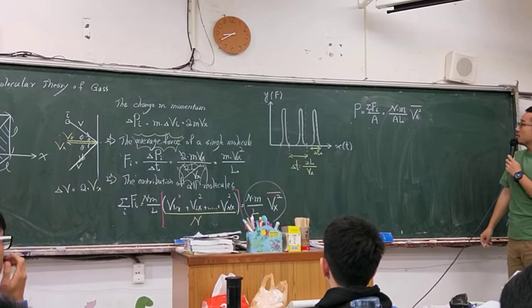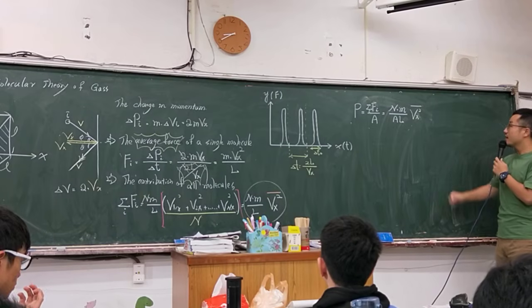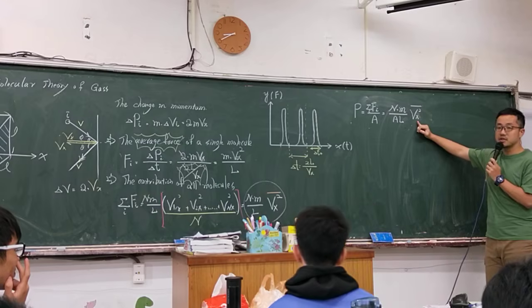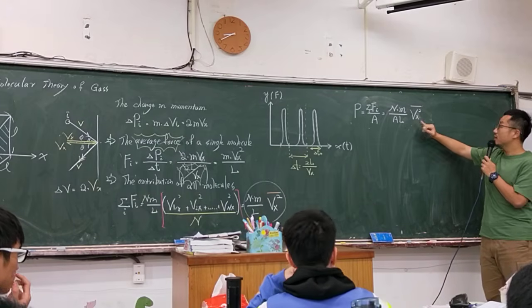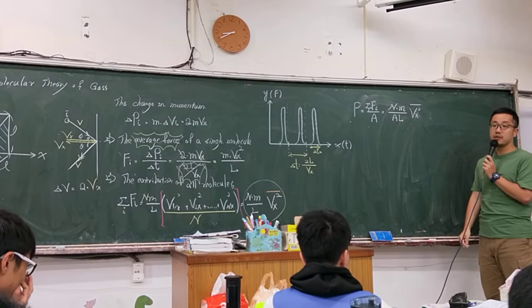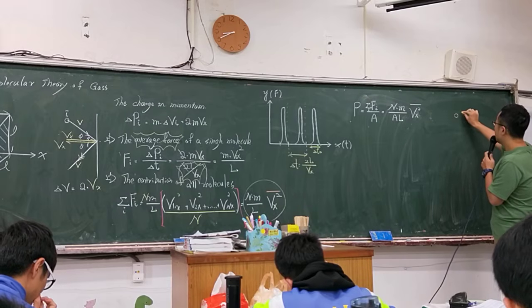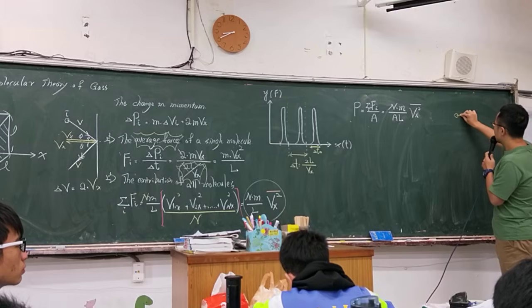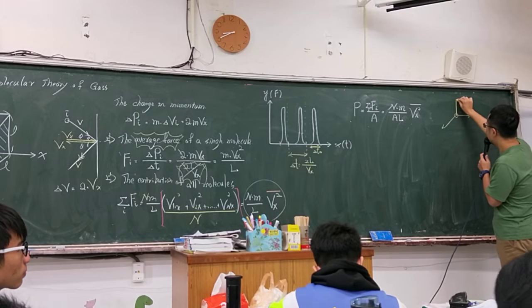But I want to find an equation. I want to make it more complete. If I only have the x component of the velocity, it is not complete. I want to change the x component to the real velocity. So you can imagine if this is your particle, and it has an x component along the x-axis and the y component and the z component.